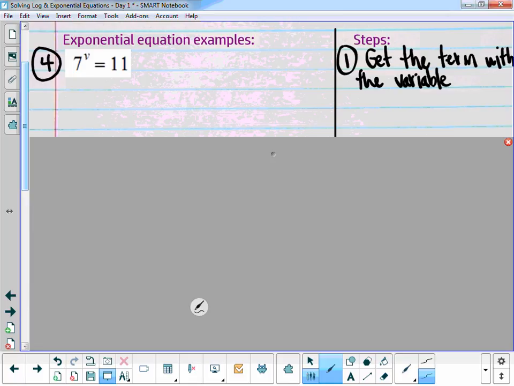Step 1 with an exponential is you want to get the term with the variable in the exponent, that's what makes it an exponential equation, by itself. So get the term, the variable, and the exponent by itself.